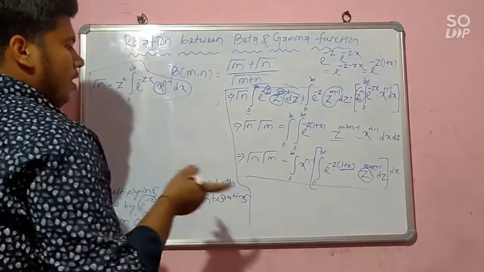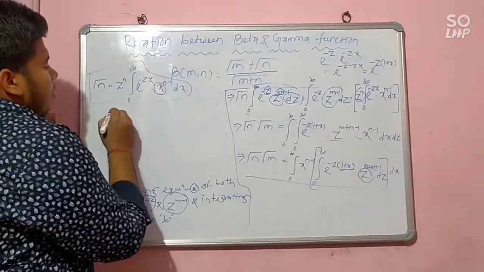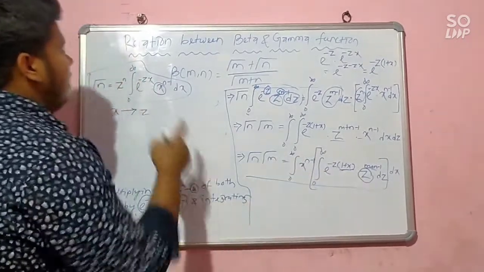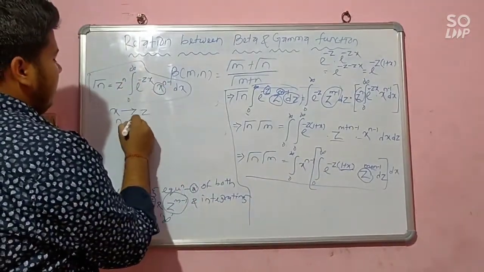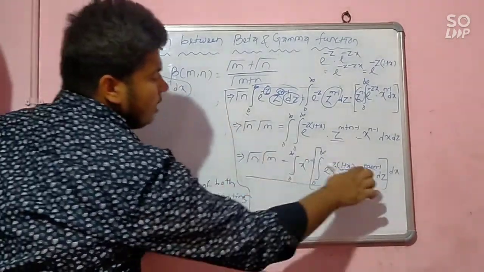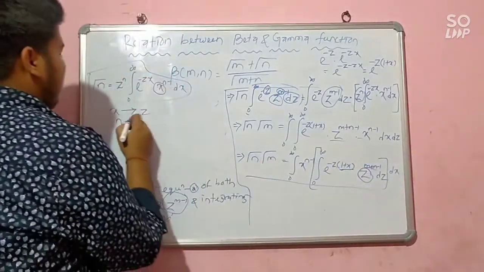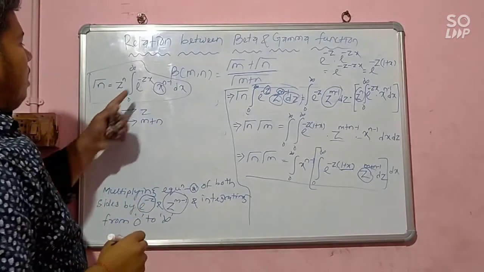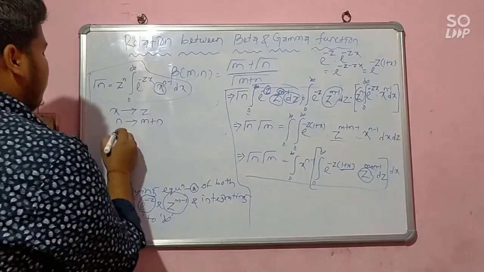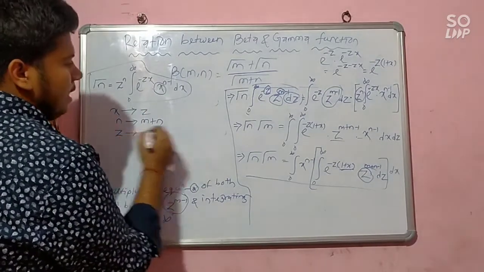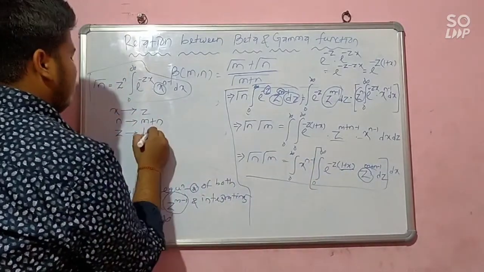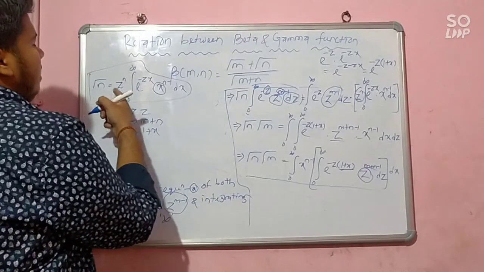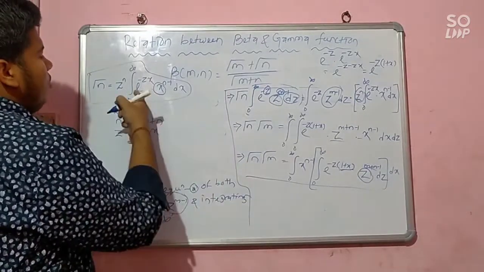Again see, in the place of x, here is z. Okay students, in the place of n minus 1, here is m plus n minus 1. In the place of n, here is m plus n, and in the place of z, here is 1 plus x. So by comparing this we can put the value of this.